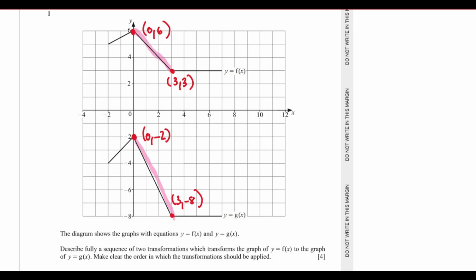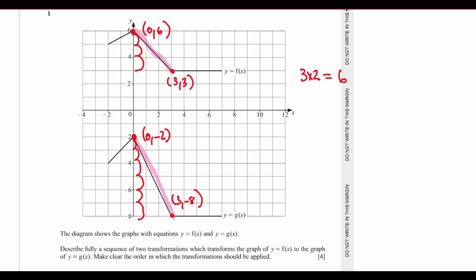In the original function, from the one point to the next point over there, there's 3 units. What about the new function? There's 1, 2, 3, 4, 5, 6 units. How do we get from 3 to 6? You need to multiply by 2.